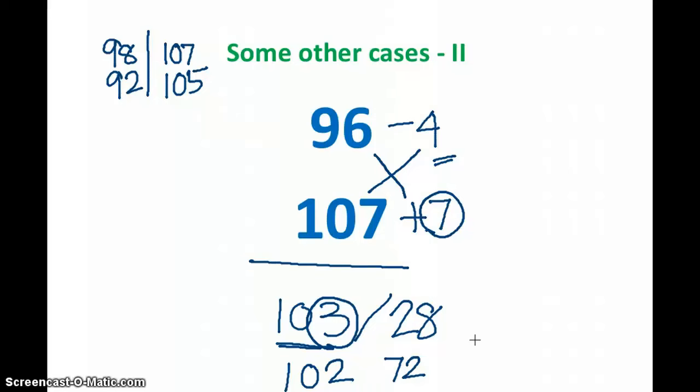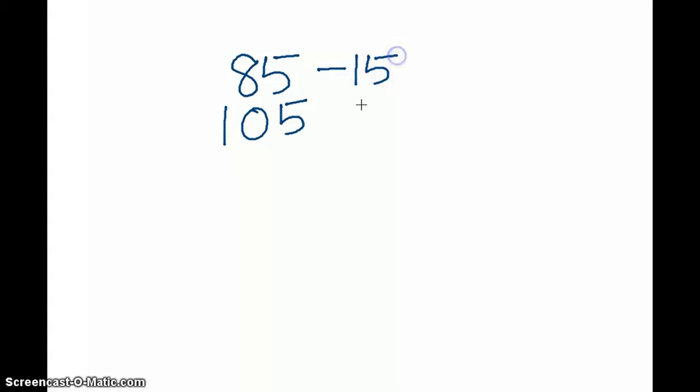So I'll take one more example here. Let's say we want to multiply 85 and 105. One number is less than 100 and the other number is more than 100. 85 is 15 less than 100, and 105 is 5 more than 100. The first step is to multiply the right-hand side, which gives me 15 times 5, which is 75.